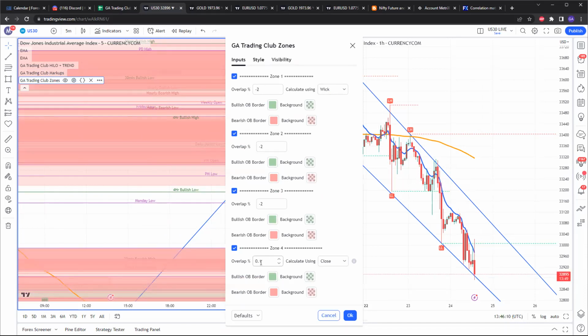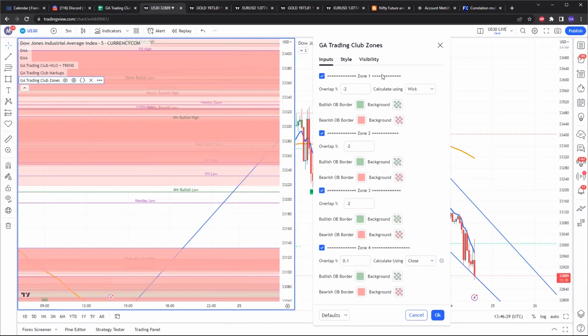So zone 4, the least you can do is 0.1. So anything less than 0 on the first three zones will bring the supply and demand zones closer together. Anything above 0 will take supply and demand zones further apart.